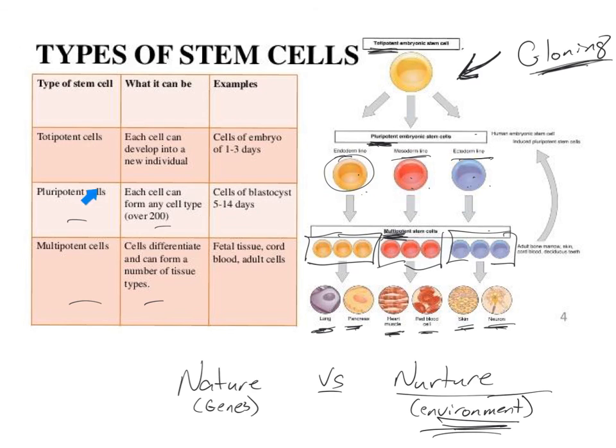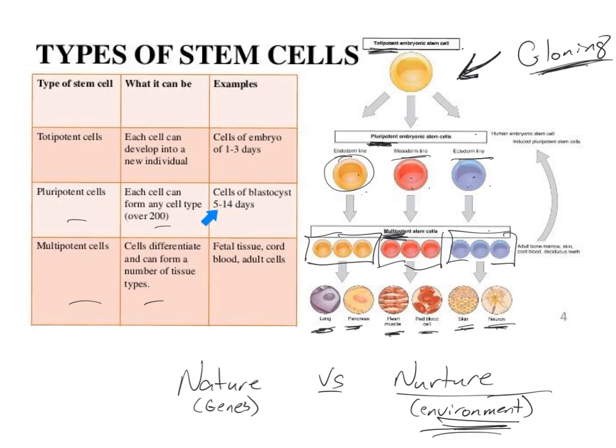But if they divide at days 5 through 14, you can't have twins. Does that make sense? Because those cells are specialized. So at this point, nothing's been turned on or off. They're just dividing. At this point, you're turning genes on and off.